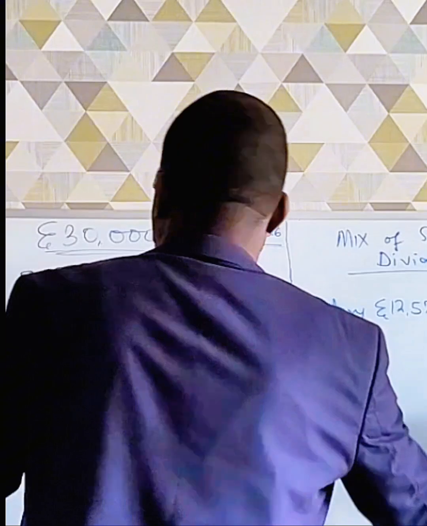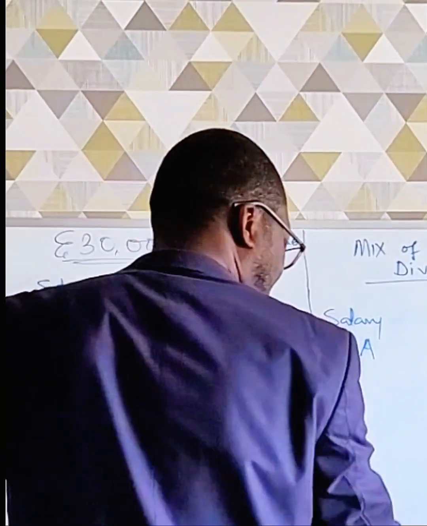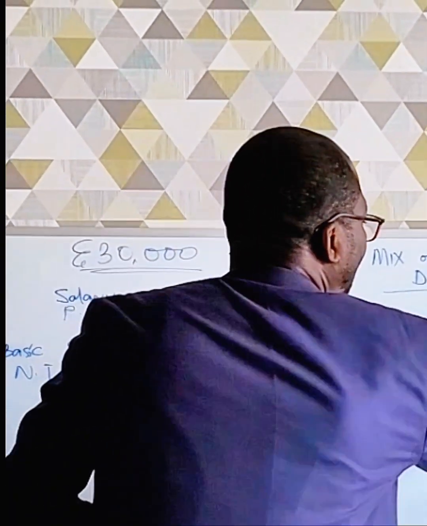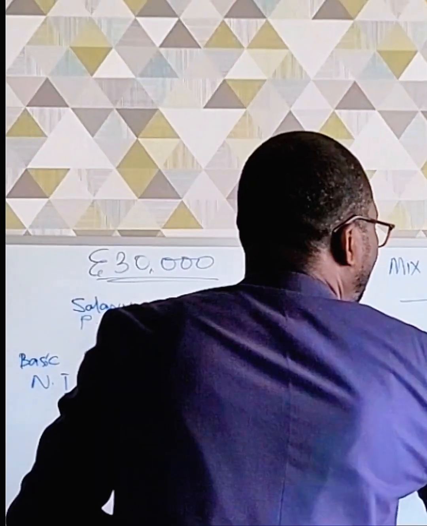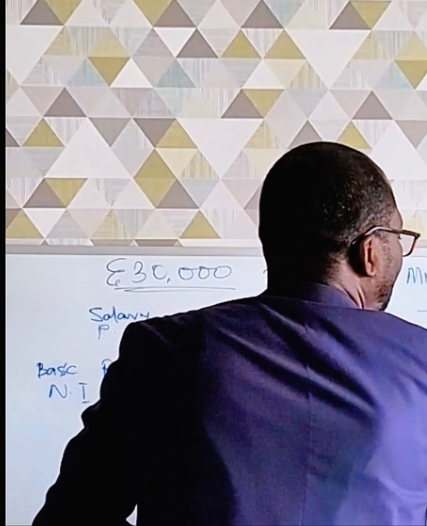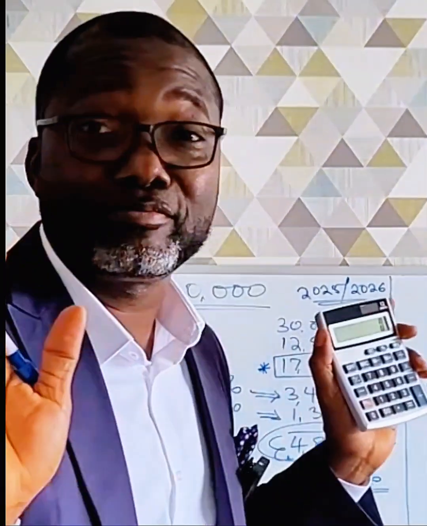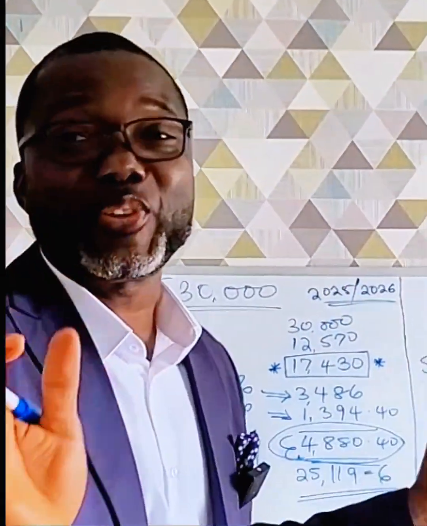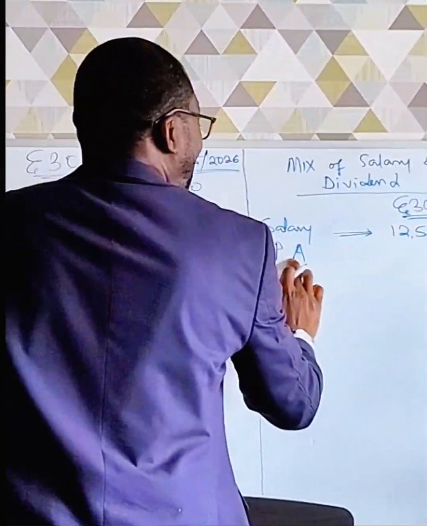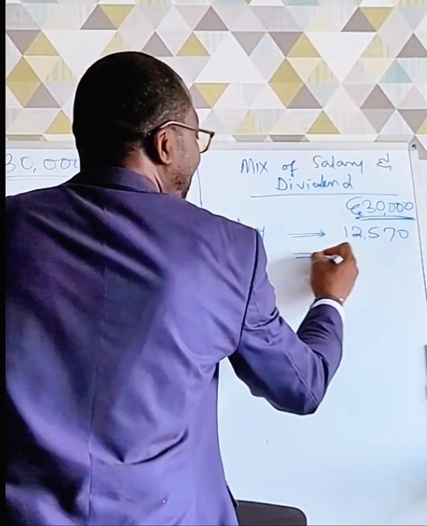Let me shift this one to the front. Okay. Salary is what? 12,570. That's how much you'll be paying yourself as the CEO, right? So you subtract your personal allowance that is being given, right?